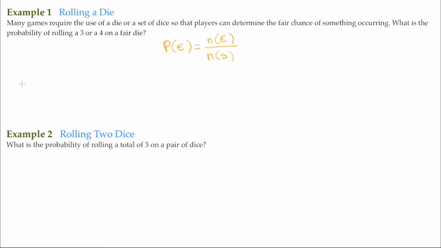Well, we know on the roll of a die, the sample space for that, you can roll a 1 or a 2 or a 3, 4, 5, and of course, a 6. And of course, again, any one of these is equally likely to occur. The event is rolling a 3 or a 4.